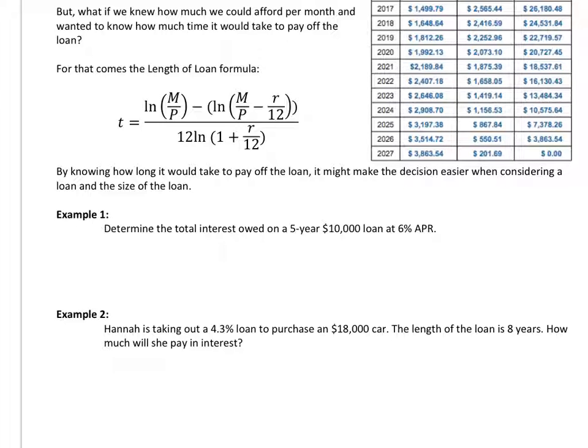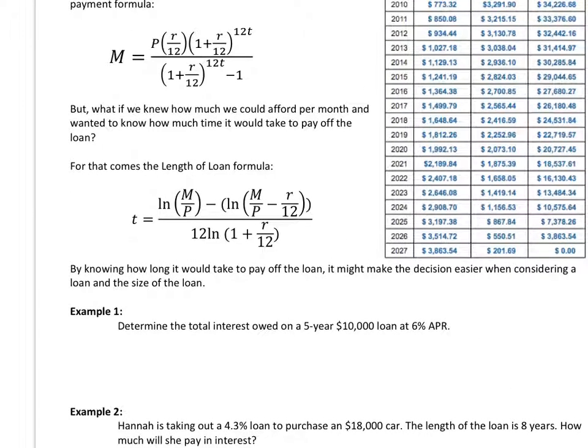Example one says determine the total interest owed on a 5-year $10,000 loan at 6% APR. So what that means is if you want to find the interest, you need to first figure out how much he's paying on his loan, and you figure that out by using this monthly payment calculator.